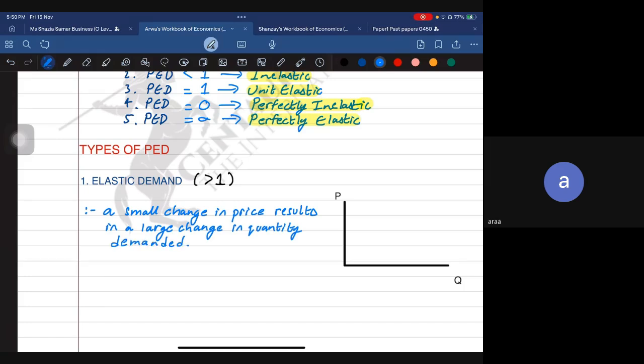We need to depict this on the graph as well. What sort of demand curve is it going to be?